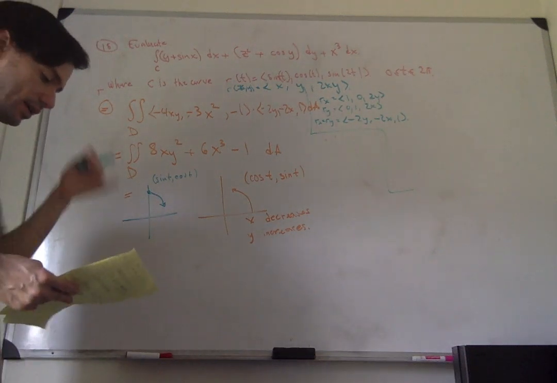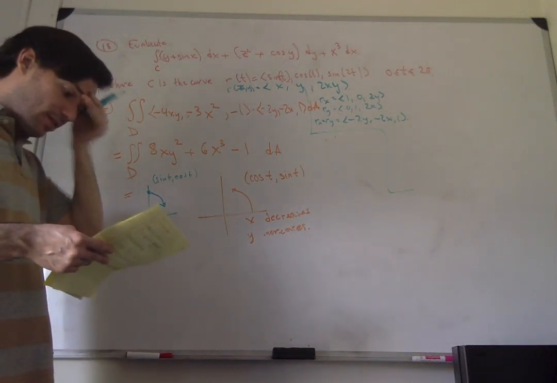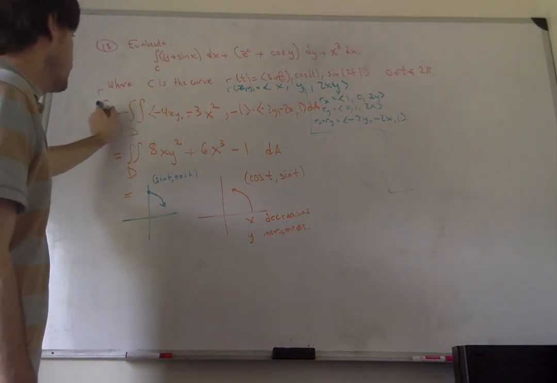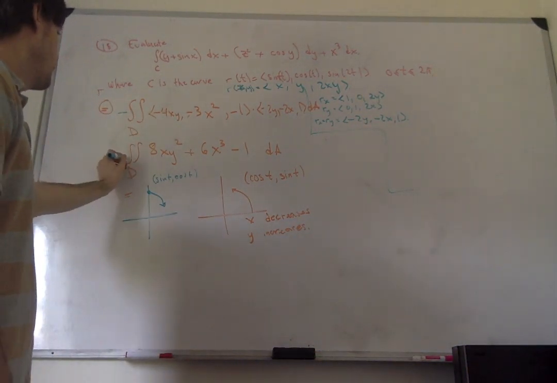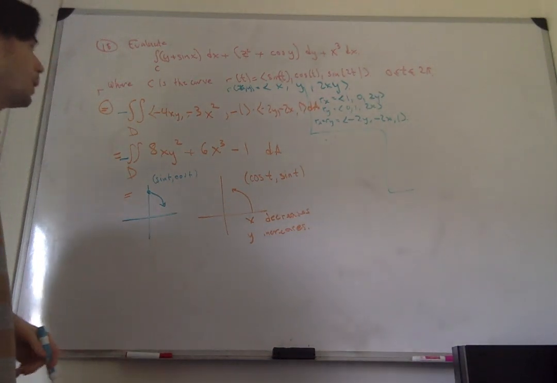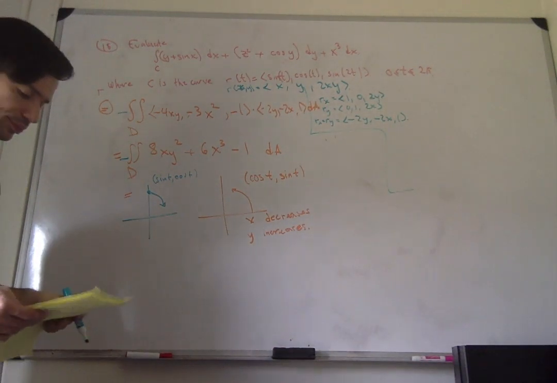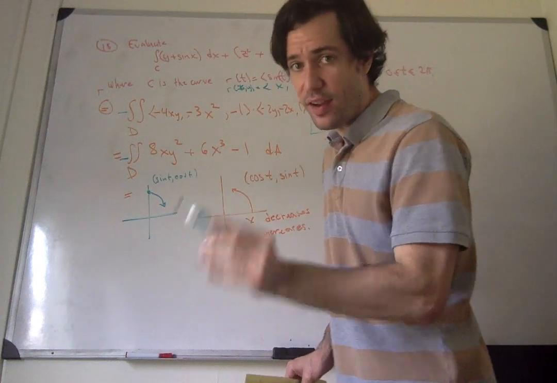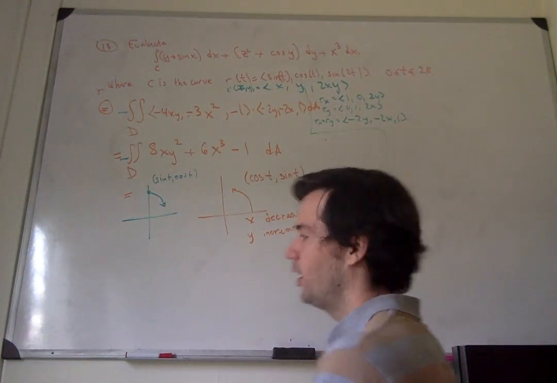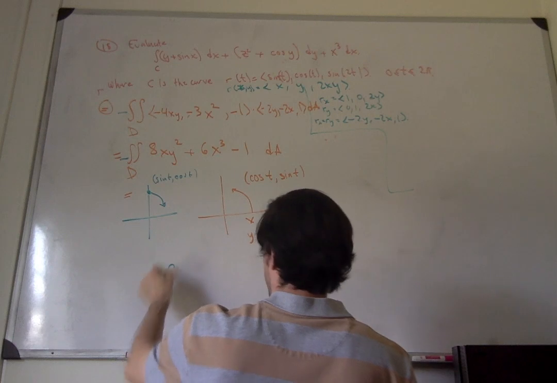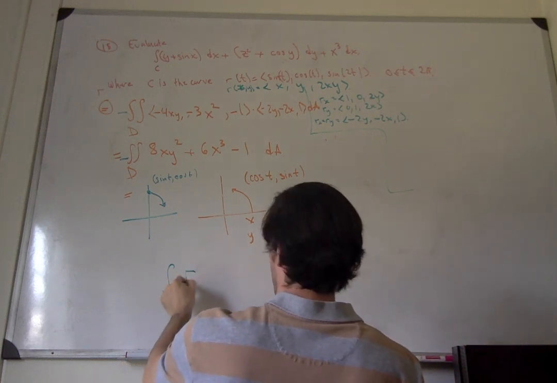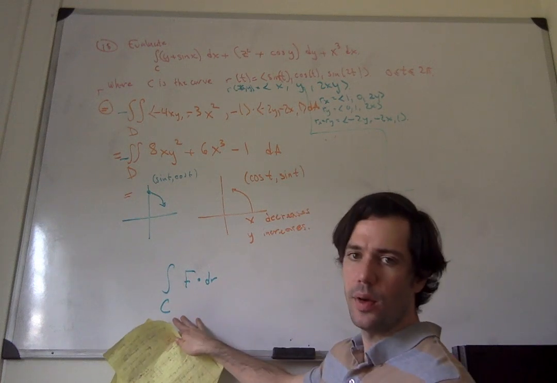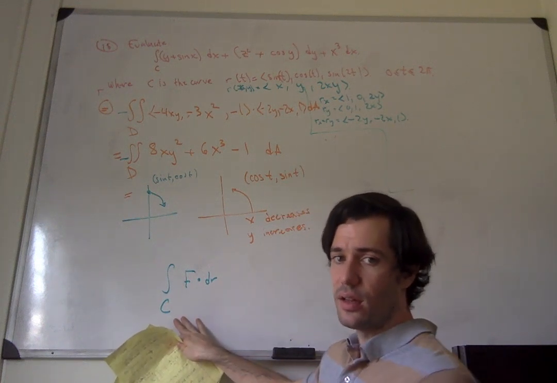So what does that mean? Well, it means that we actually have to go back and reintroduce negative signs, because at the very beginning, when I wrote the integral of F dot dr over C, this C was not counterclockwise.